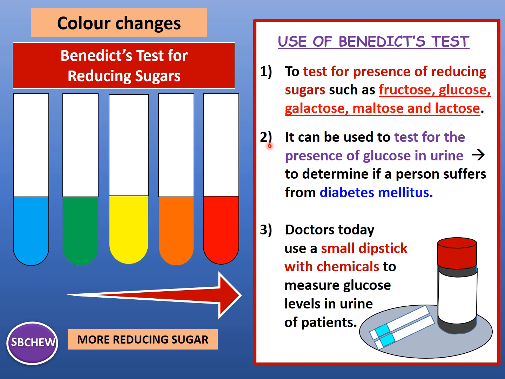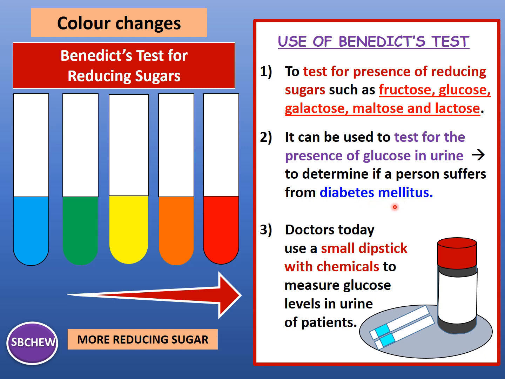Number 2, Benedict's test can be used to test for the presence of glucose in the urine of a patient or of a person to determine if the person suffers from diabetes mellitus, or penyakit kencing manis.